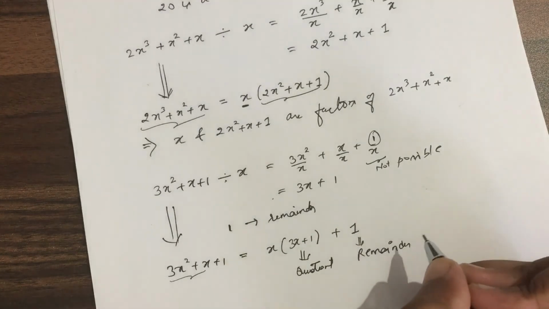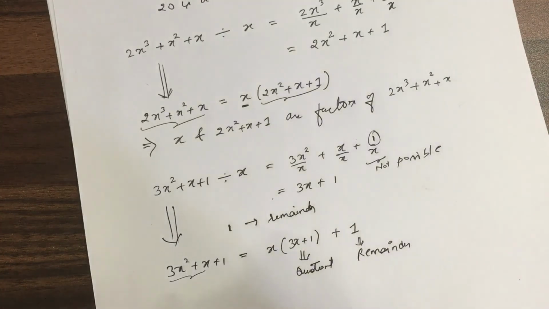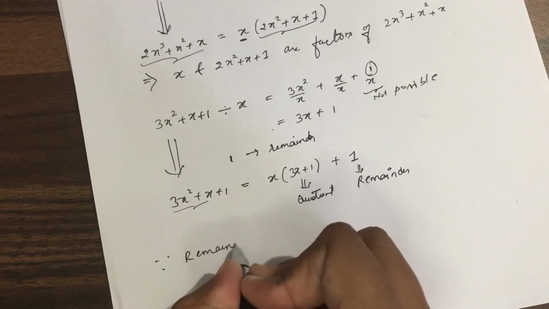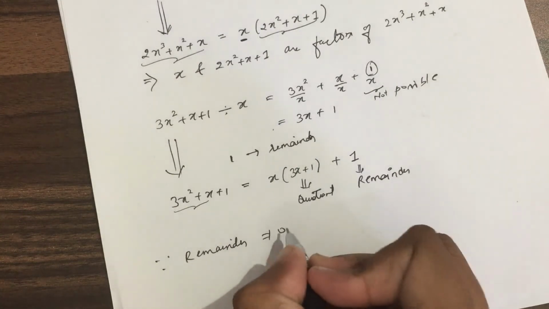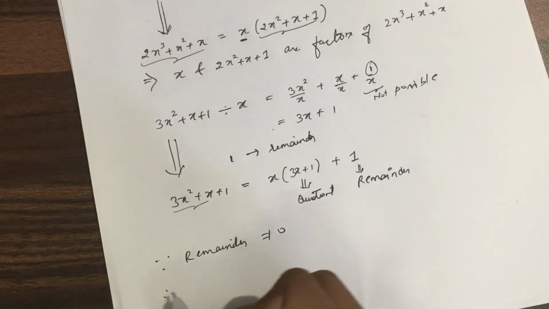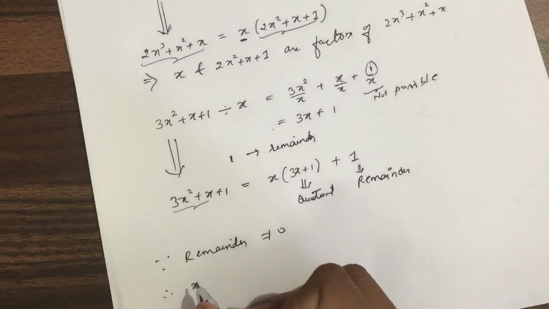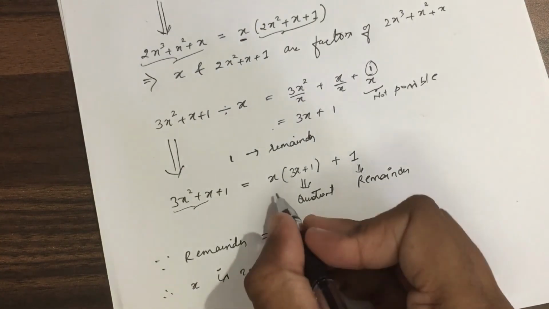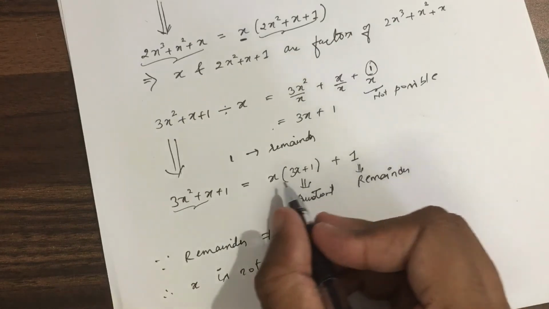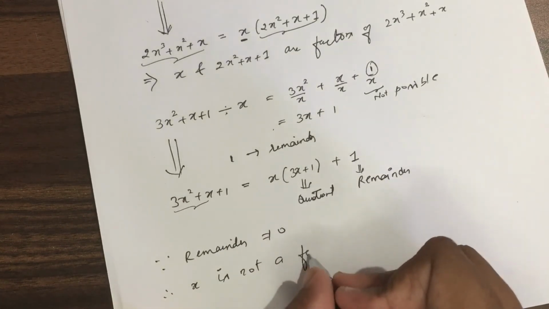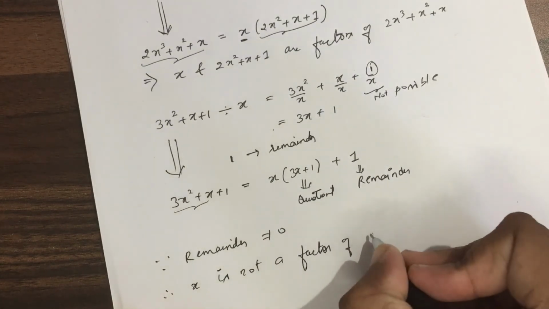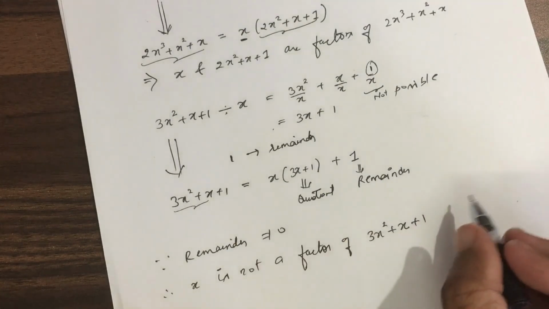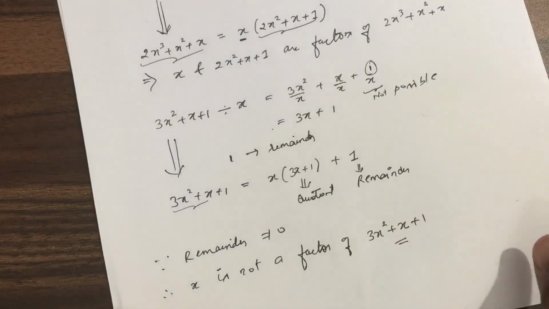Now here we can see that since the remainder is not equal to 0, therefore we can say that x is not a factor of 3x square plus x plus 1. x is not a factor of this.